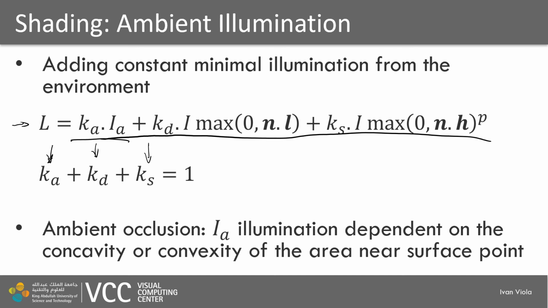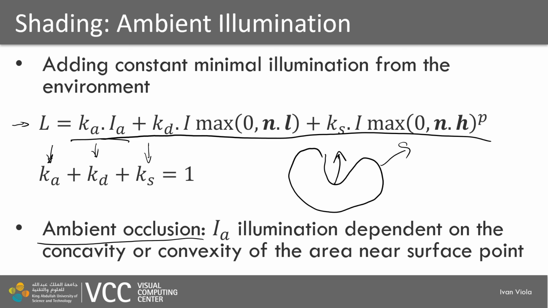We also have something called ambient occlusion, which is an ambient illumination model that is not entirely constant. While it is not really based on the surface orientation, it is based on the neighborhood of the surface. For example, if our surface has such a shape, ambient occlusion at this location will be minimal because this surface is exposed.